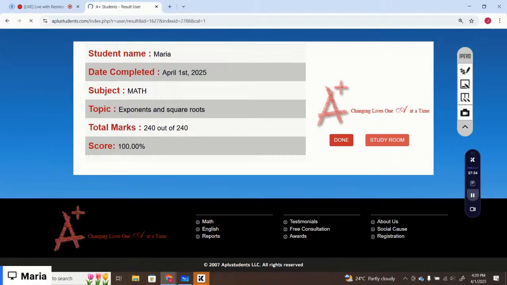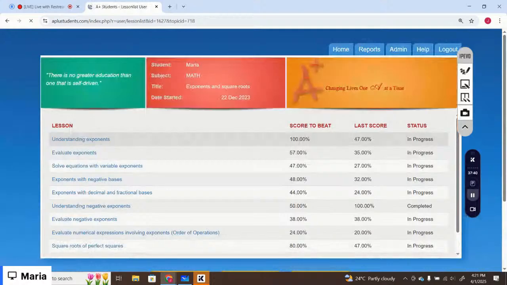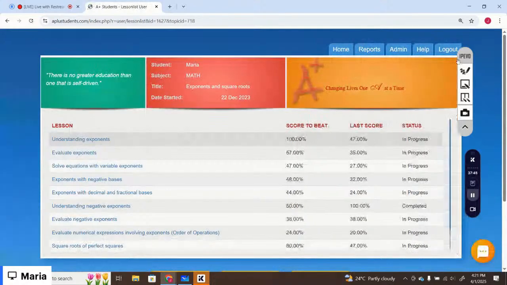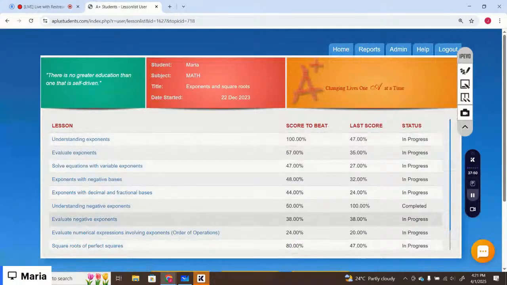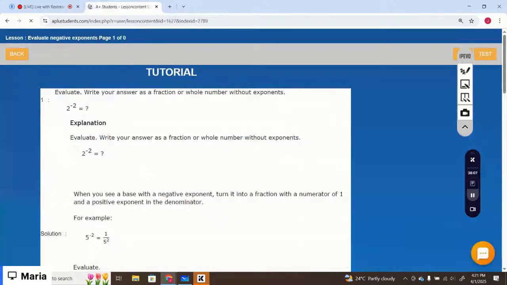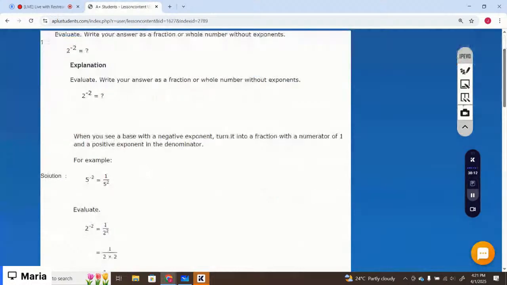Okay, the next lesson is evaluate negative exponents. Evaluate 2 exponent negative 2.